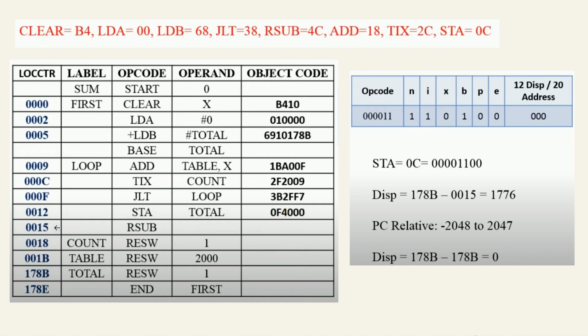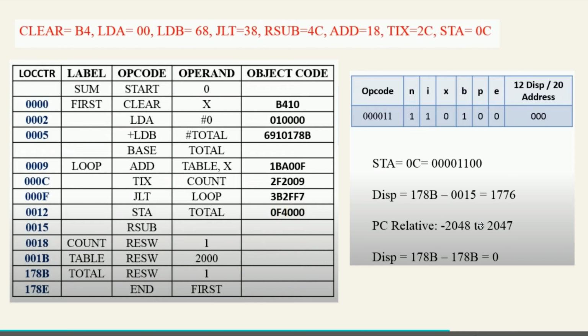The base register value is the value of total. That is what is mentioned over here. Correct. So what is the base register value? It is 1778. Right? That is what we are going to write over here. 1778. That is why it is 0. Always the displacement will be 0 when we are using base counter. That is what this implies.